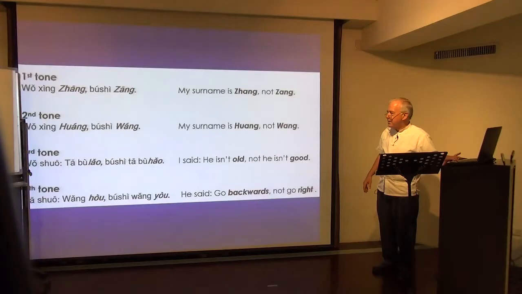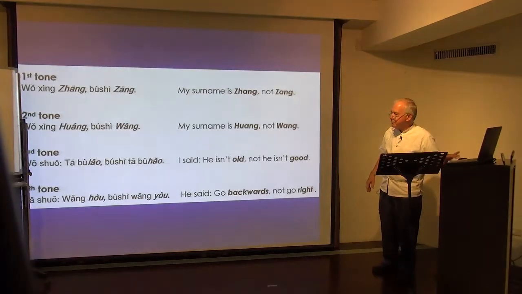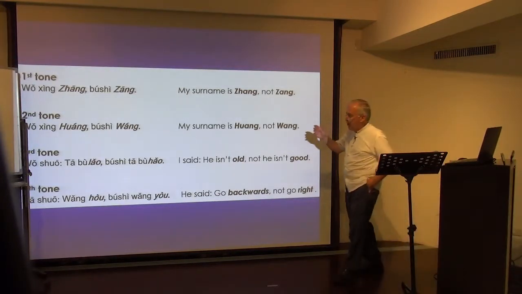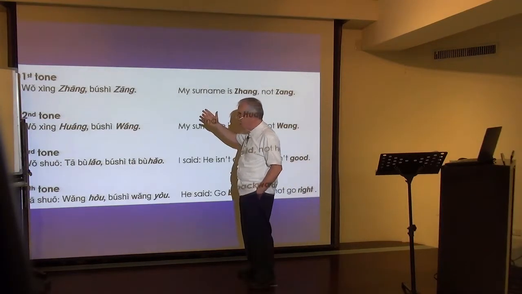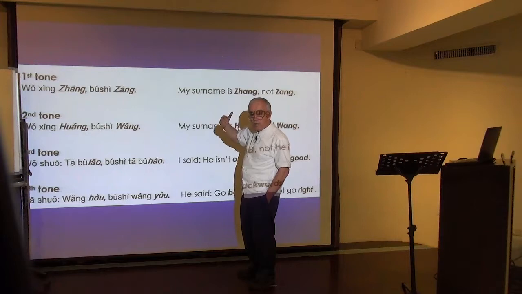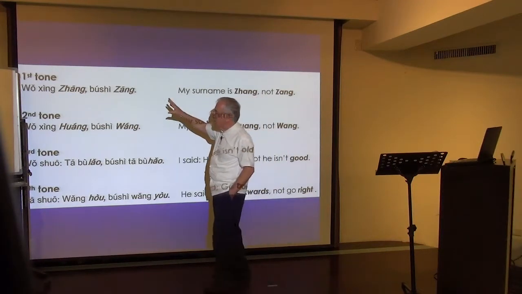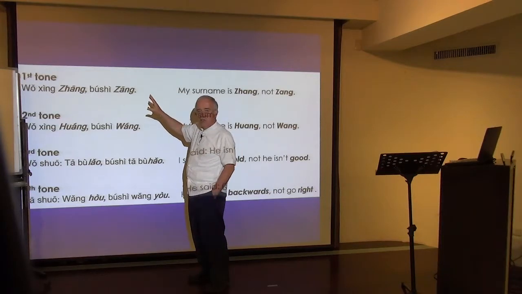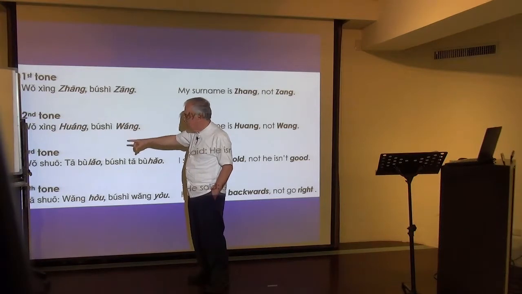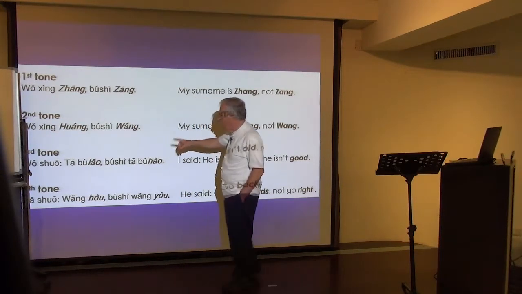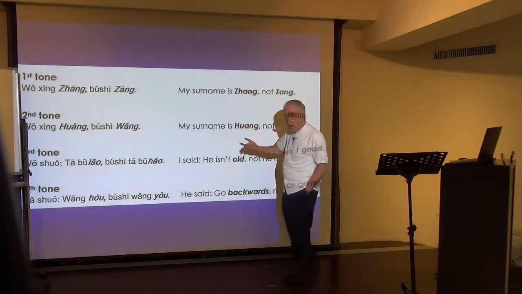So let's go back to these sentences here. Chinese, 我姓张，不是脏. The problem is many Westerners, English speakers, they carry over their English rhythm and they go, 我姓张，不是脏. You see. Let's go to the third one. 我说他不老，不是他不好.